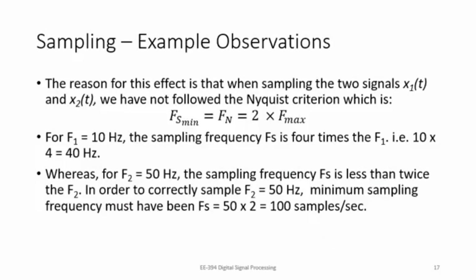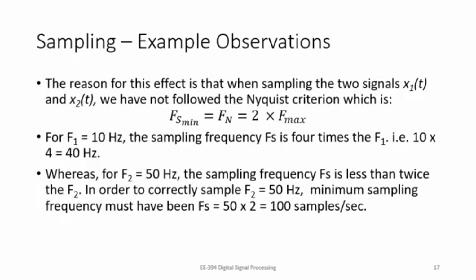If you want to look at the reason why such a scenario is happening, basically what's happening is that we are not following the Nyquist criteria completely. We know that Nyquist criteria says that the minimum sampling frequency must be twice the maximum frequency present in the continuous time signal, and we have sampled two signals.